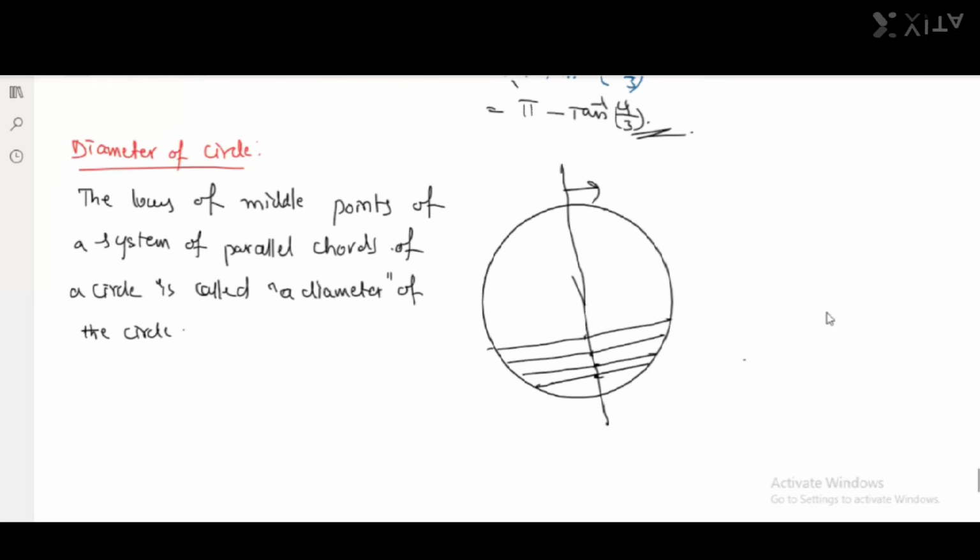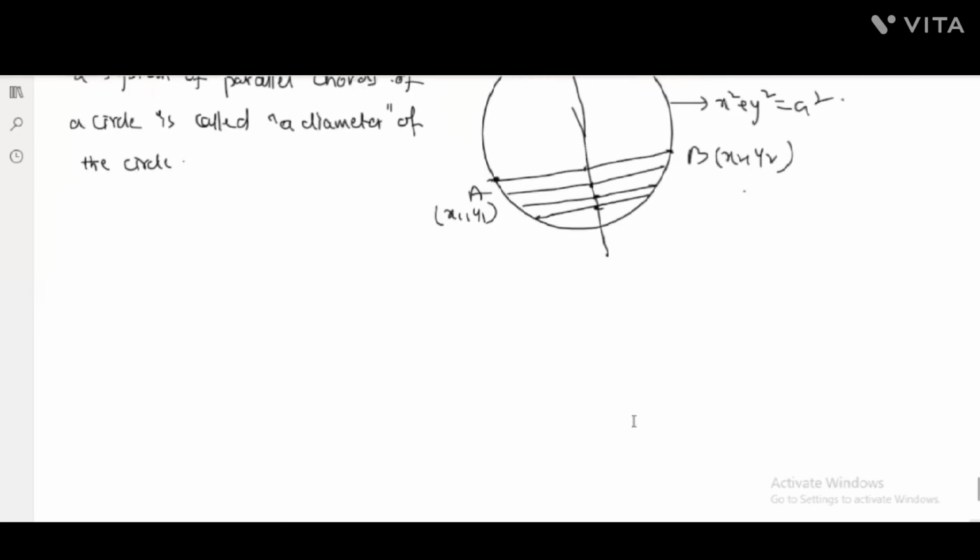So let us assume the equation of the circle is x square plus y square is equal to a square, and this line intersects at A and B. One is x1 comma y1 and another one is x2 comma y2. So P becomes the midpoint of AB.